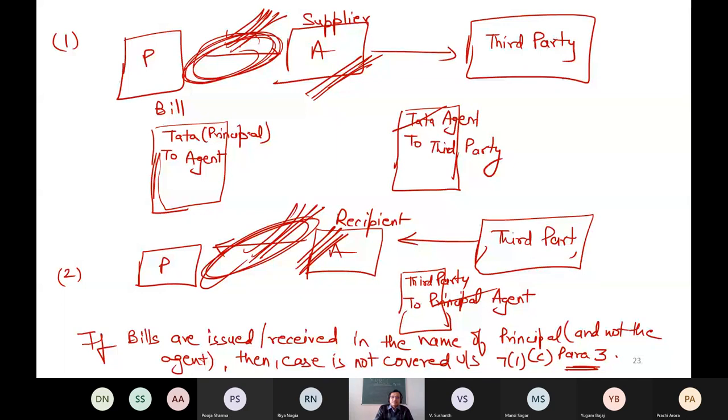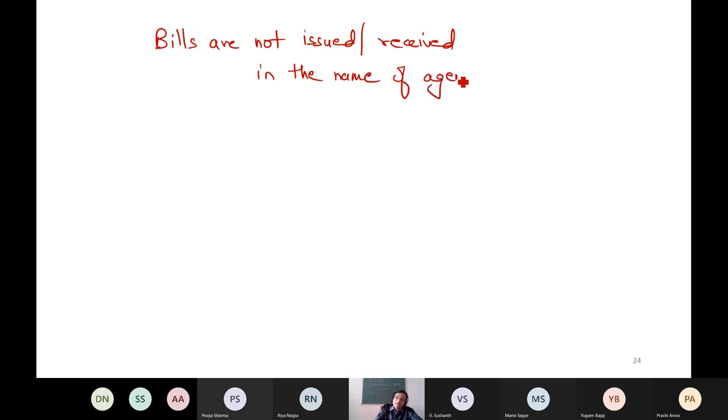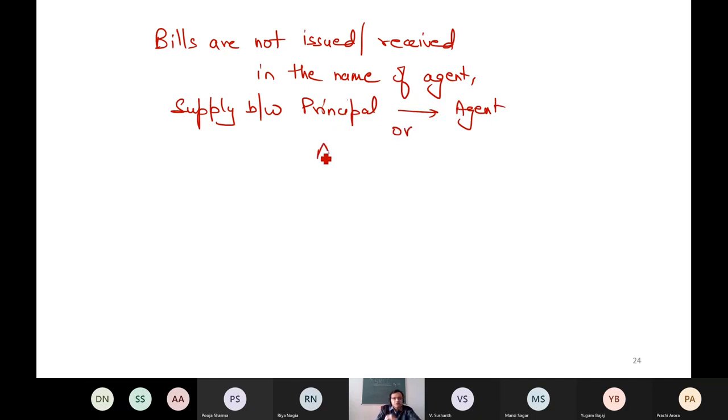So what I'm saying is that if bills are not issued or if bills are not received in the name of agent, I'm saying that supply between principal and agent, principal to agent or agent to principal, cannot be covered.